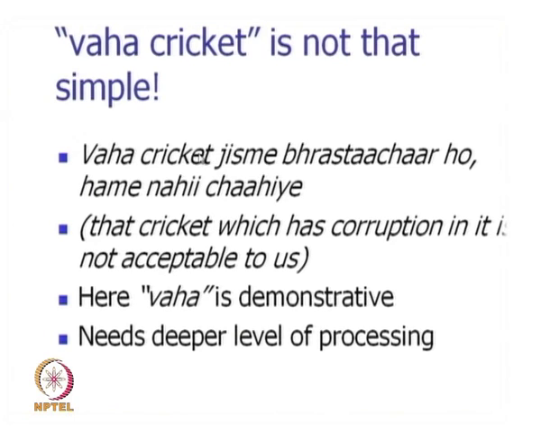So, it is a complex sentence with two components in it, hame nahi chahiye and wo cricket jisme bhrashtachar ho. So, this wo again has become demonstrative. This wo is referring to this cricket, it is a demonstrative for this noun, it is a qualifier for this noun, and therefore, it should be detected as demonstrative.